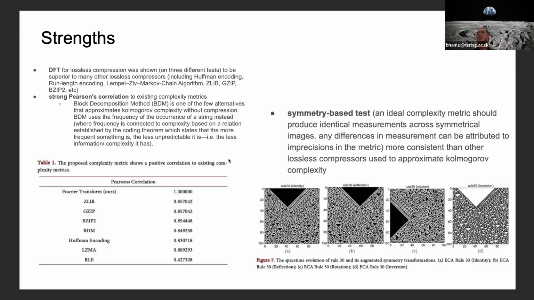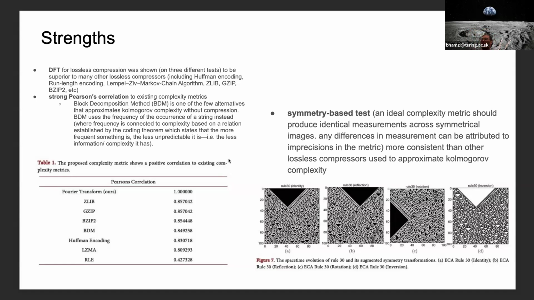And there was this interesting symmetry-based test that was done, where the idea is you apply different symmetries to 2-dimensional images, such as rotation and inverse. The idea is you should get the same complexity measure across all of these symmetrical data sets, and any difference can be attributed to the imprecision in the metric itself.